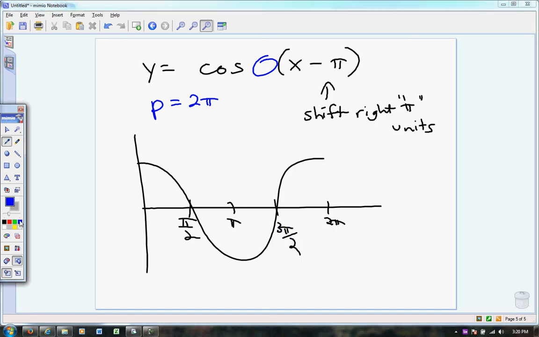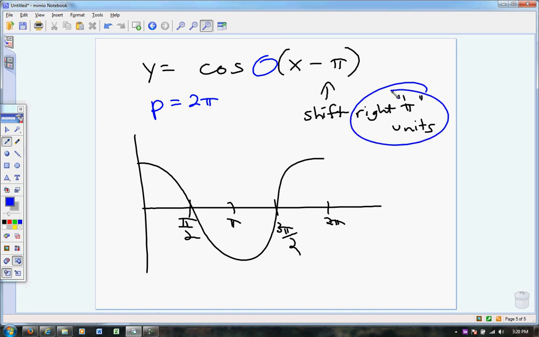Since there is a shift right pi units, every one of these points needs to get moved to the right pi. So this point comes to the right pi like that. And this point, I'm going to take the end and move it to the right pi units over to 3 pi. So there's my beginning and ending. 3 pi halves, when it gets moved over, I need to add pi to it, which is the same thing as adding 2 pi halves.